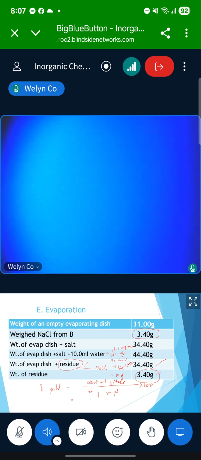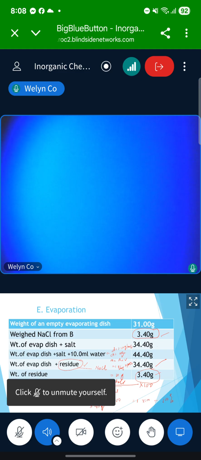Ito yon, di ba? After evaporation, 4.0 grams. Ilan ang sample nating na-weigh kanina? Ito yon, 3.4. So 3.40 grams times 100. Gram and gram cancel out. So that is equal to 1 times 100 is equal to 100%. It means that you recovered all the amount of your solute, which is your sodium chloride.